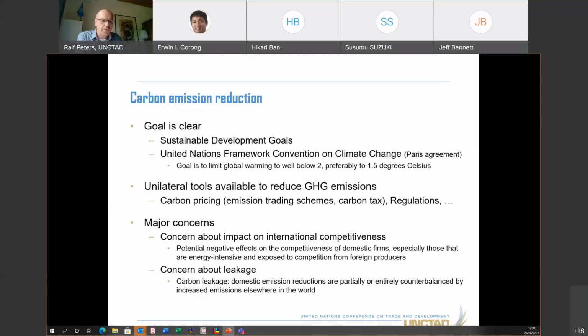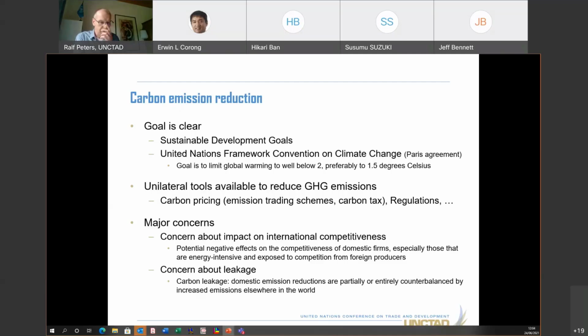Two major concerns by policymakers come up. The first one is the loss of international competitiveness if they increase unilaterally their carbon prices, in particular on domestic firms that are producing with a lot of energy and that are exposed to competition from abroad. The second concern is about potential leakage effects.